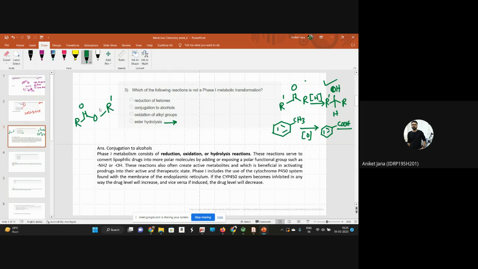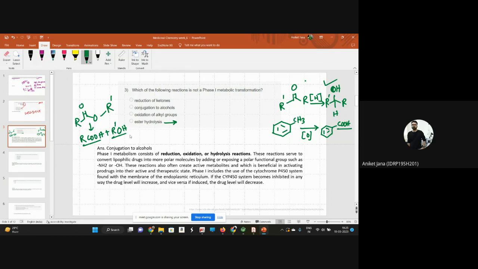So in ester hydrolysis, this bond is broken. So we get an acid plus R dash OH, an alcohol. So with respect to the ester, are the acid and alcohol polar or non-polar?